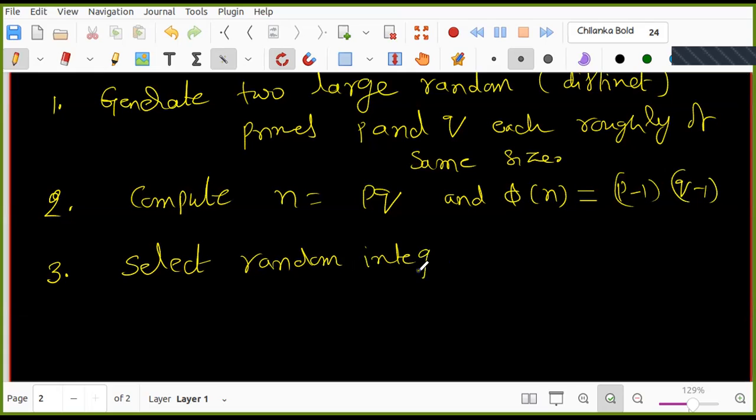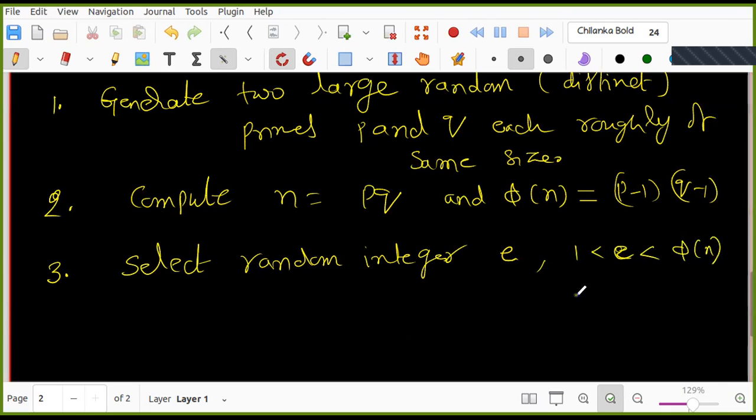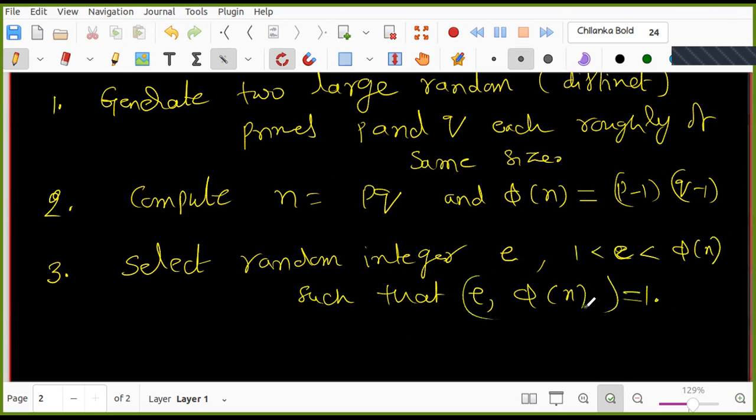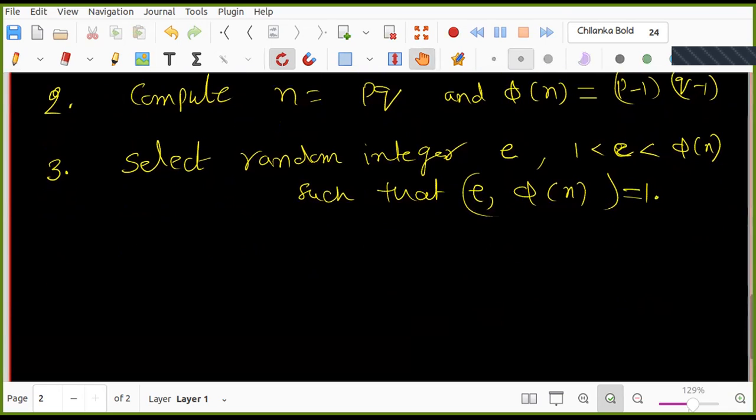Now select a random integer E, where E lies in between, so 1 less than E less than Euler phi function phi of N, right? Such that GCD of E comma phi of N is equal to 1. Okay, you know what happens when GCD of E comma phi of N is 1, that means E belongs to U(N).